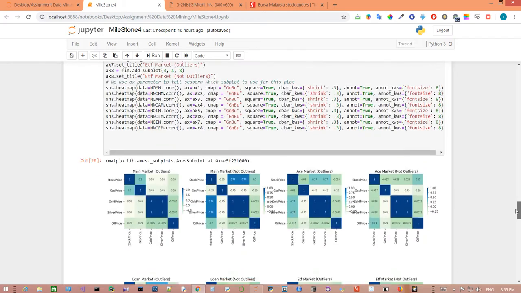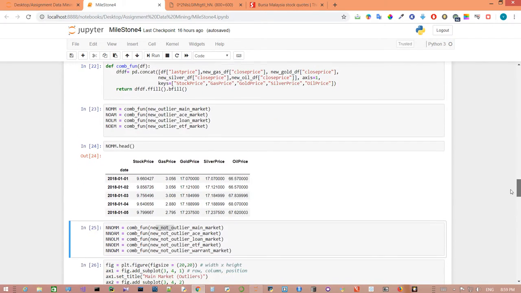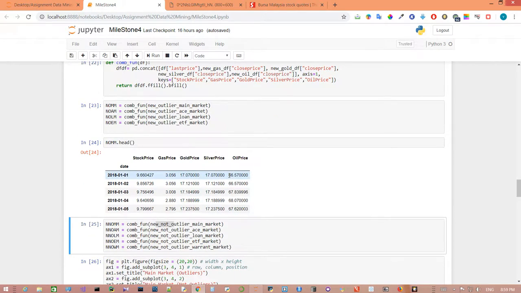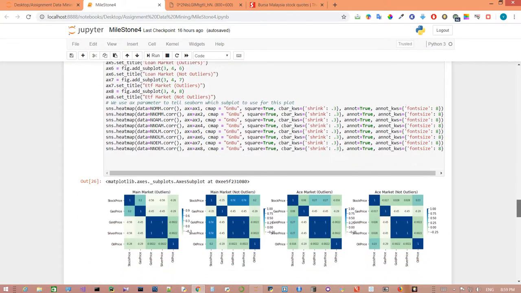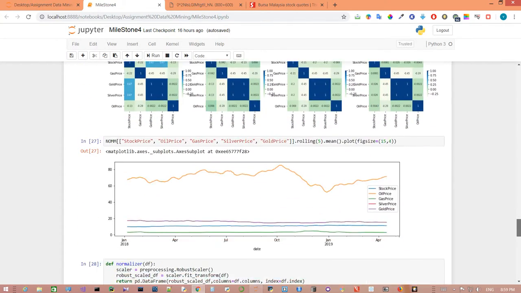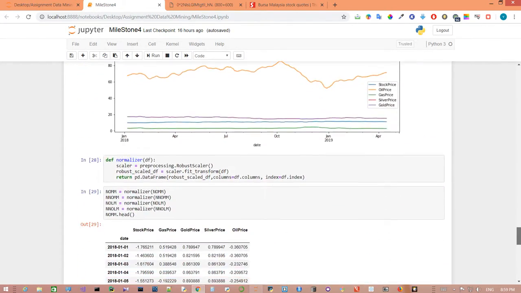So you know, if I come here, as I said, we have 66 values mainly, but here we have 3, we have 9, we have 17. That's the problem actually.